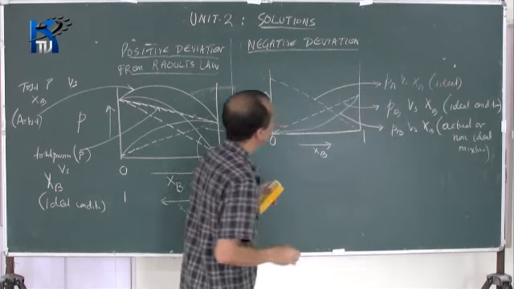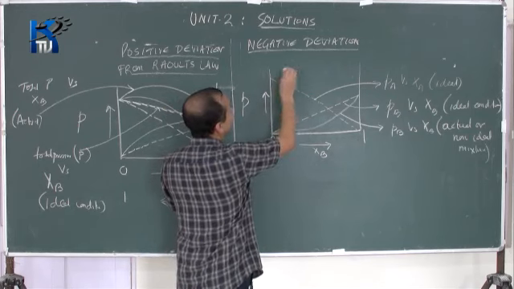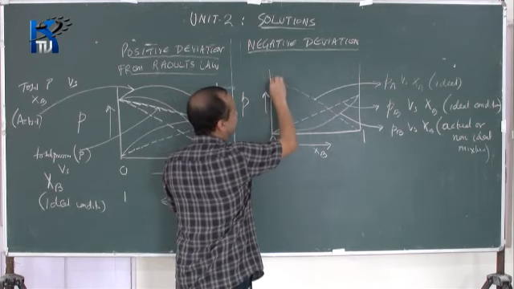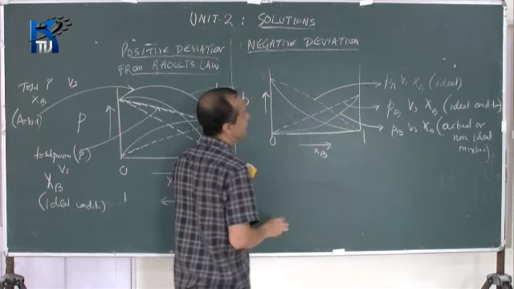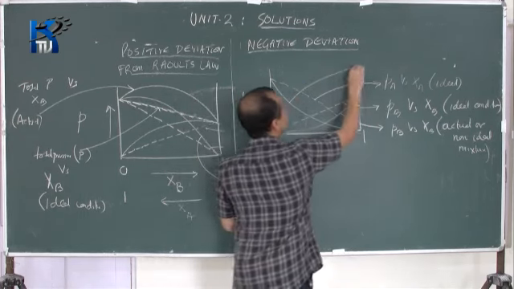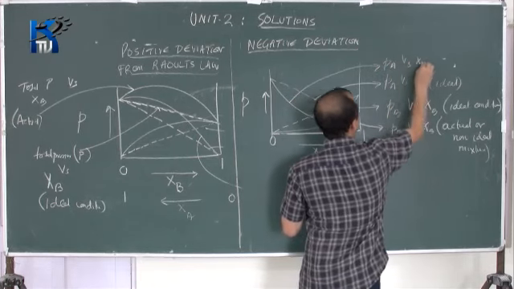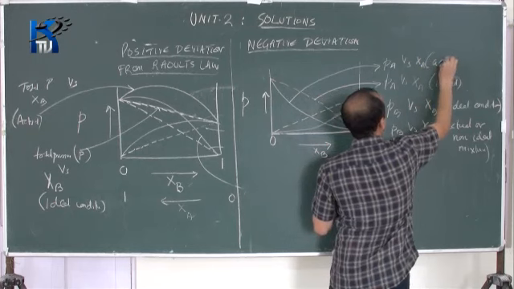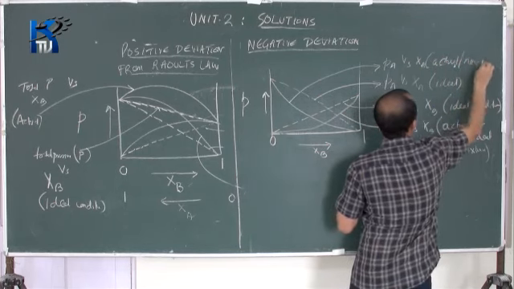Since we are dealing with non-ideal, and since it is a negative deviation, the partial pressure will be less. So therefore, this will be PA versus XA. This is the actual, or you can say non-ideal.